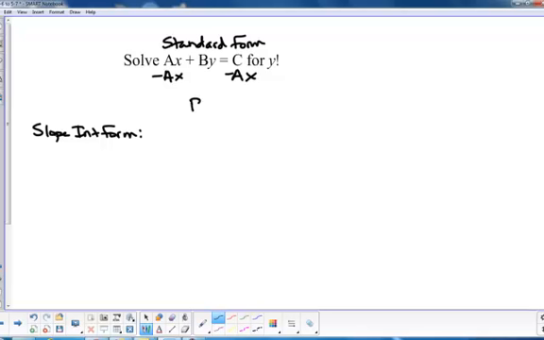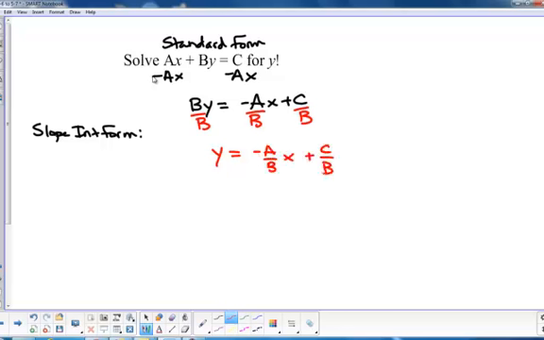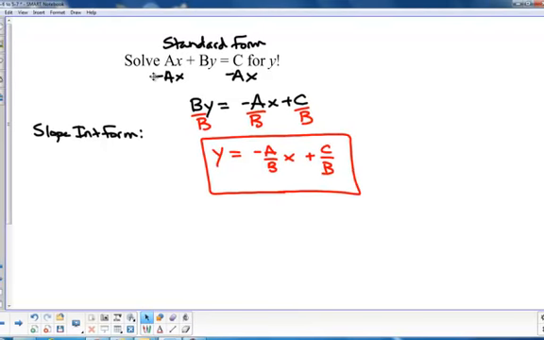So by equals negative ax plus c. And then we still need to get y isolated, so we would divide everything by b. So y equals negative a over b x plus c over b. So it's kind of like the formula. It's easier just to understand it and do it. I don't have that memorized or anything.